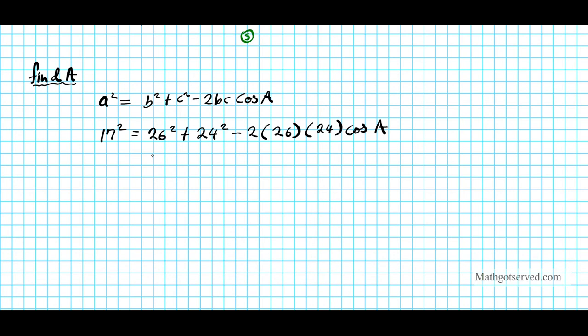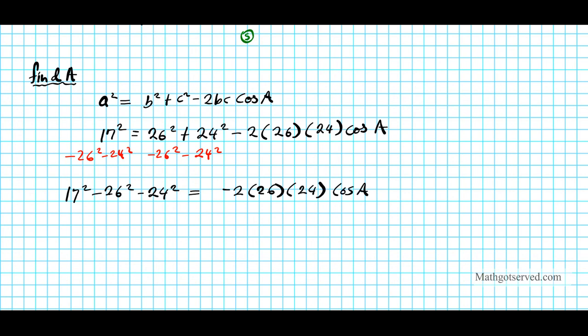So I'm going to subtract 26 squared and 24 squared from both sides. So we're going to have 17 squared minus 26 squared minus 24 squared equals negative 2 times 26 times 24 cosine A.